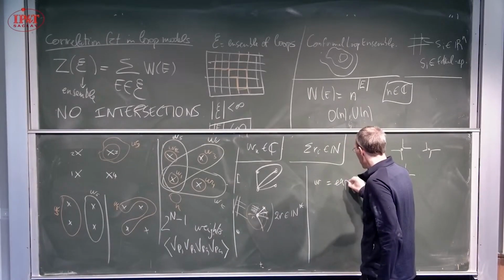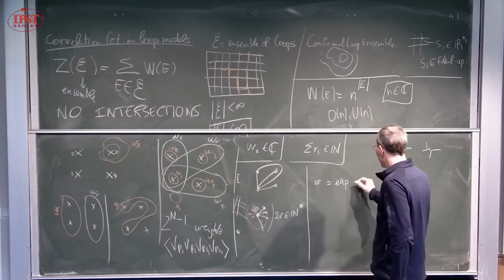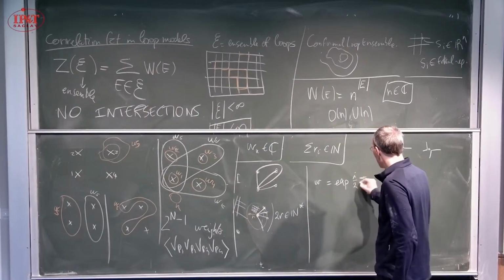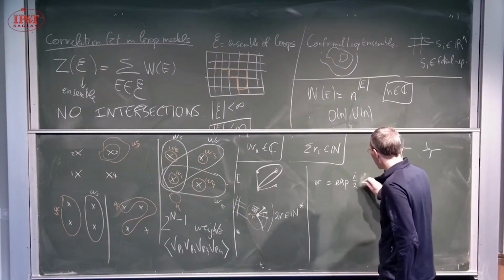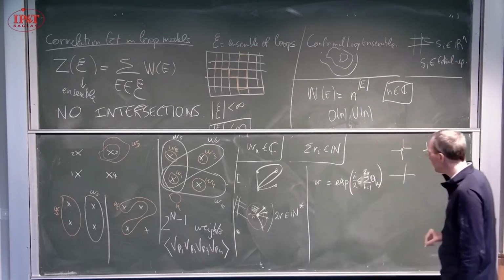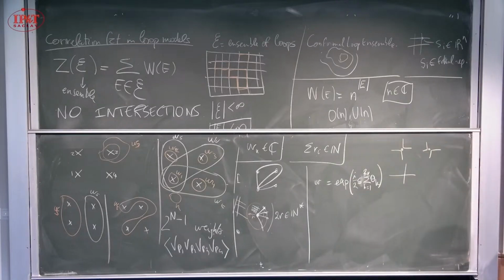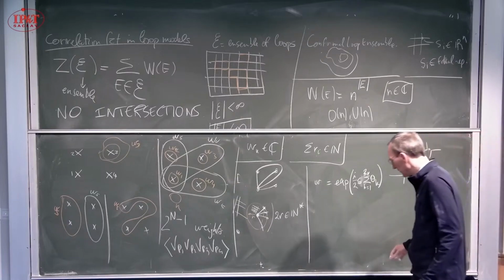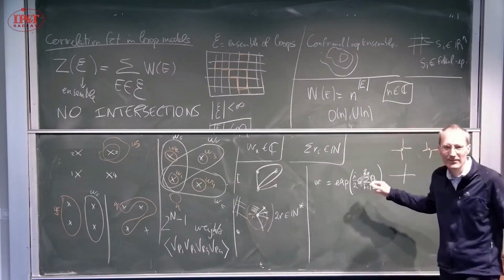Well, the weight function will be essentially the sum of the angles with some angular momentum S. Sum of theta. So let me now define more precisely what I mean by the theta.